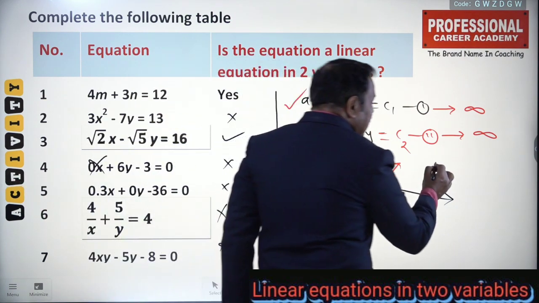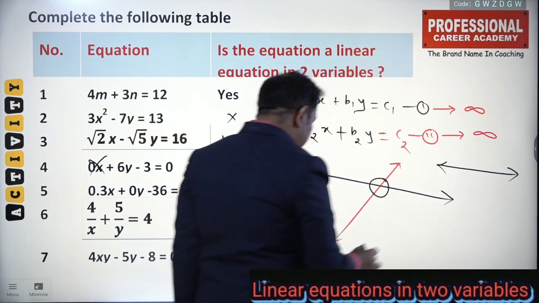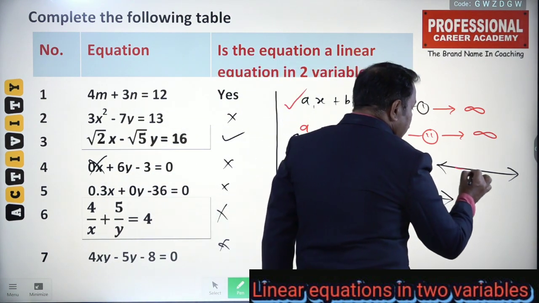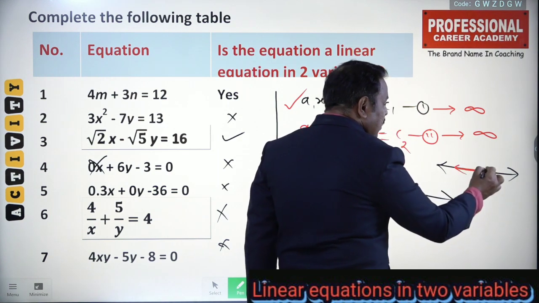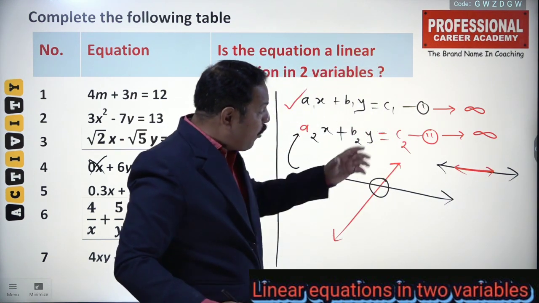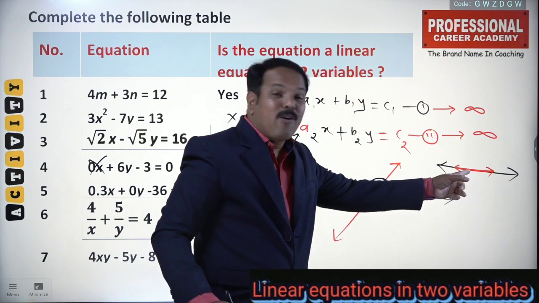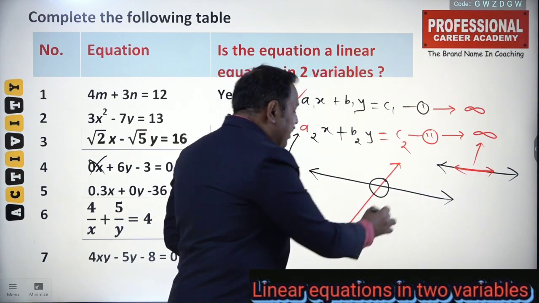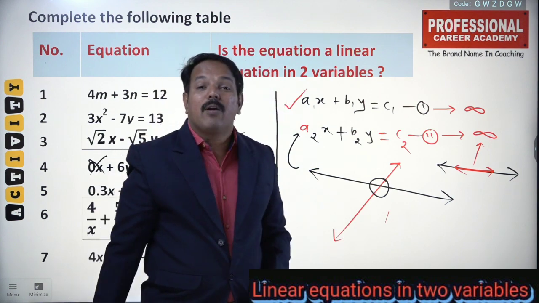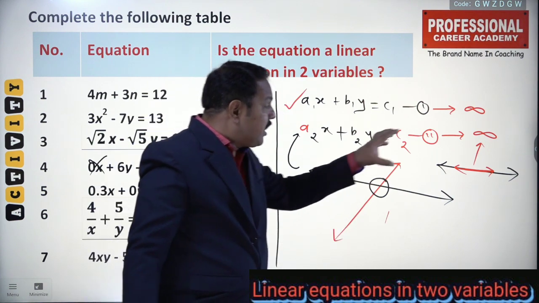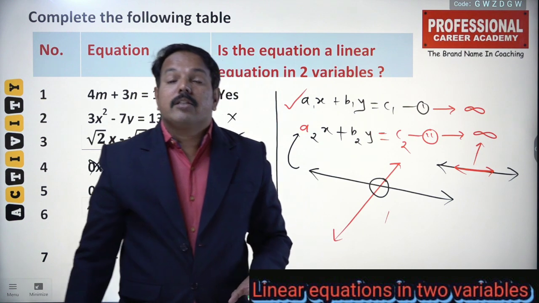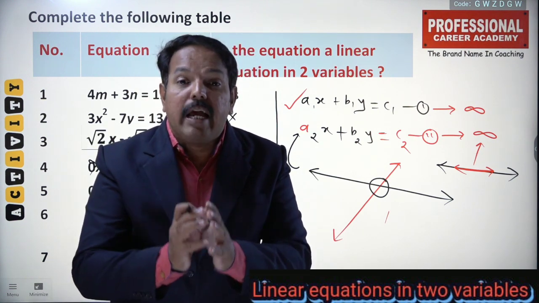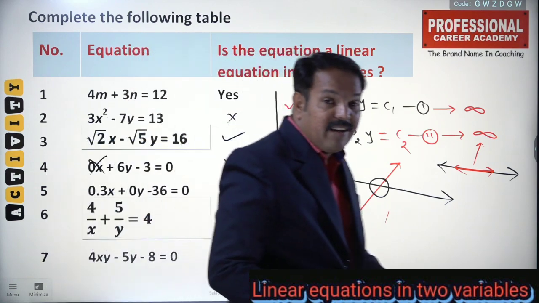For example, if this is one line and this is another, they intersect each other and there are infinitely many common points. And here there is only one common point. If this condition occurs, then such two or more equations are called simultaneous equations.